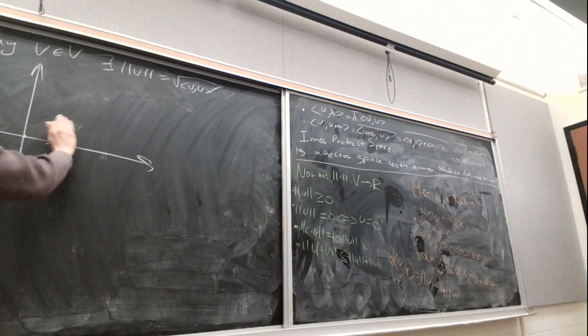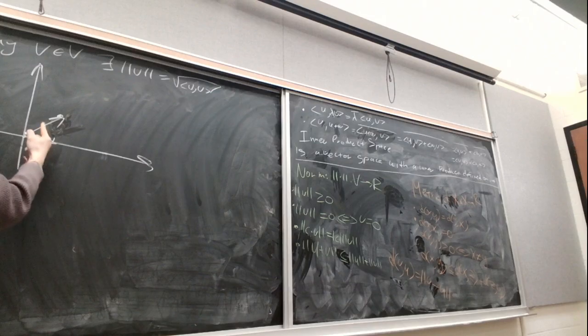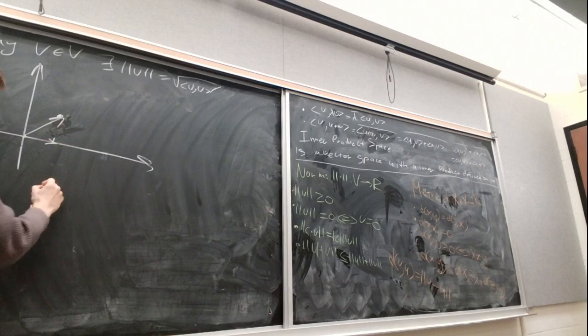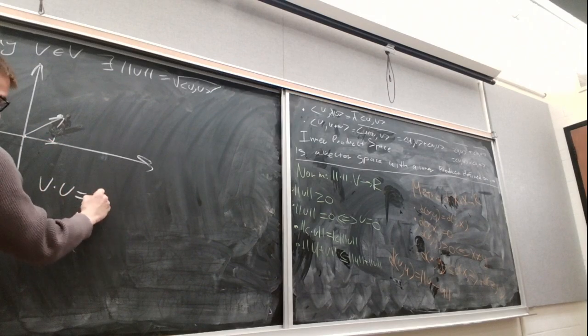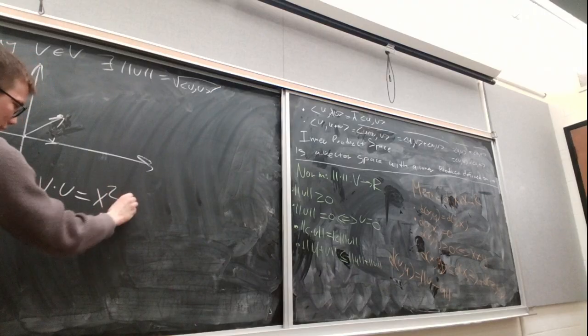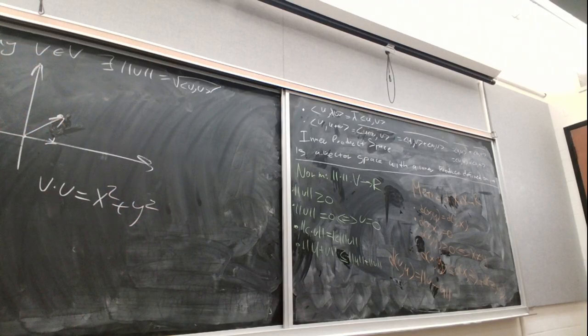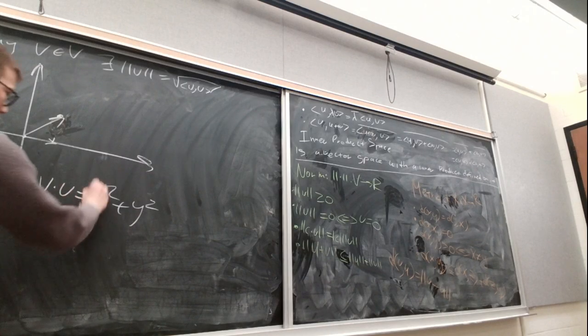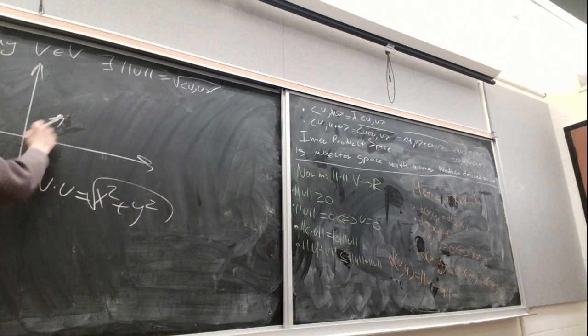If you take this vector, and take a dot product of itself, that would be x squared plus y squared, which is basically Pythagorean theorem. And then if you take a square root, you'll get the length of this triangle.